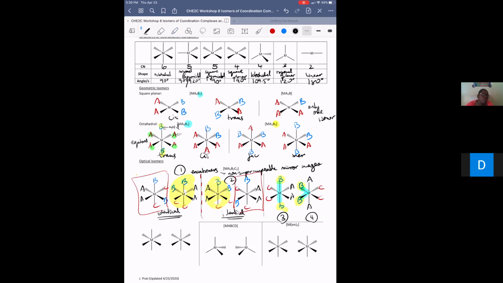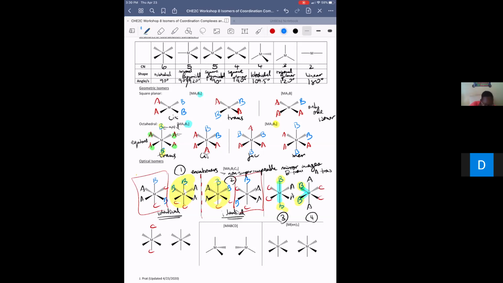So let's see if we can draw any more isomers. Now, you'll notice that we made B trans, we've made A trans, right? You can imagine that it's also possible to make C trans. So let's make our C ligands trans, and then we'll put our A and B ligands in the cis positions, right?